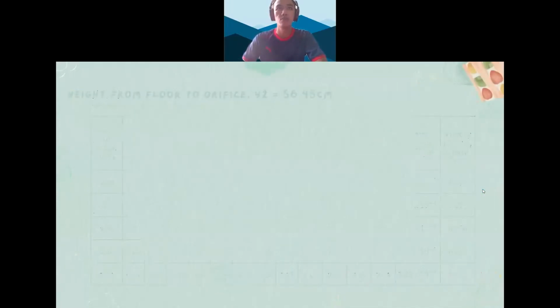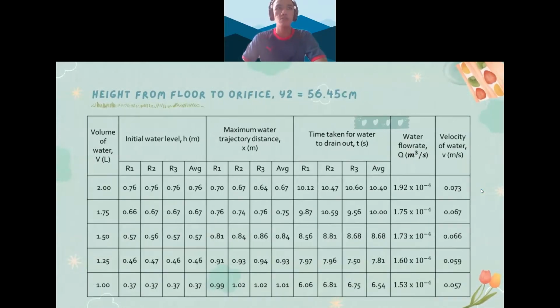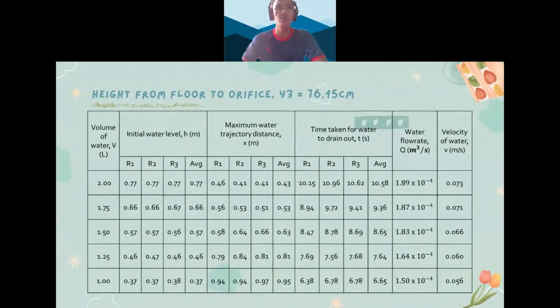The next table is the height from the floor to the orifice, where y2 equals 56.45 cm. And the last one is the table about the height from the floor to the orifice, where y3 equals 76.15 cm.